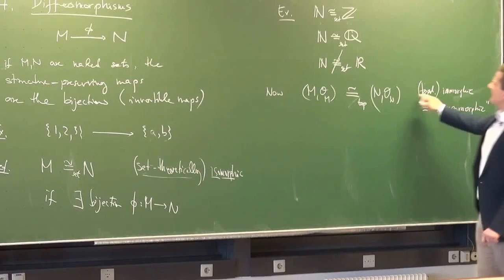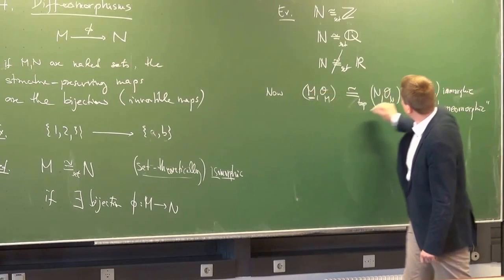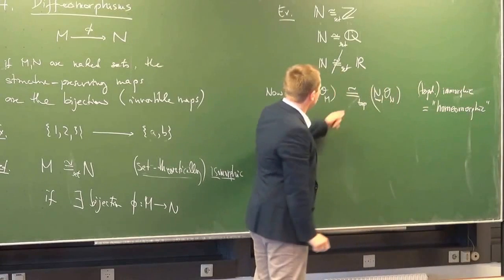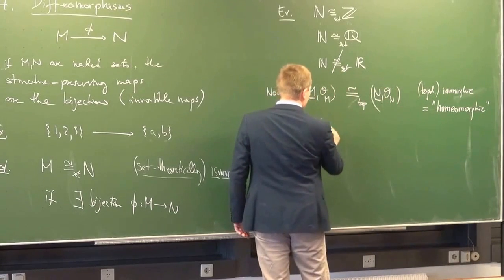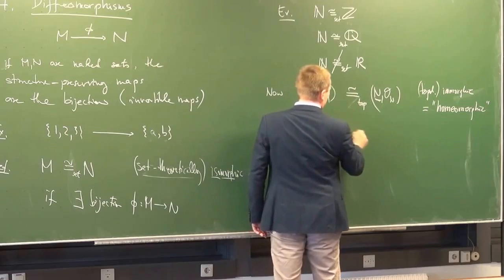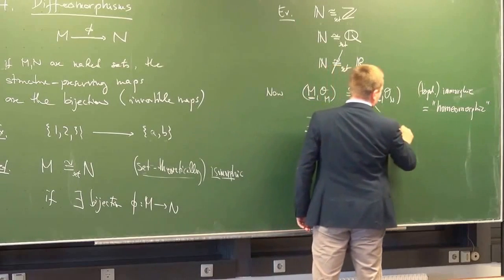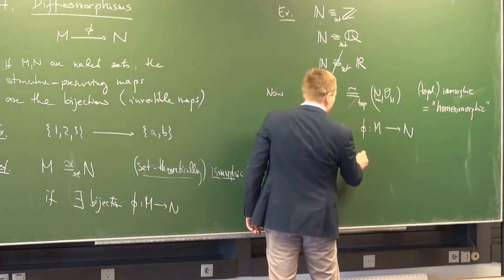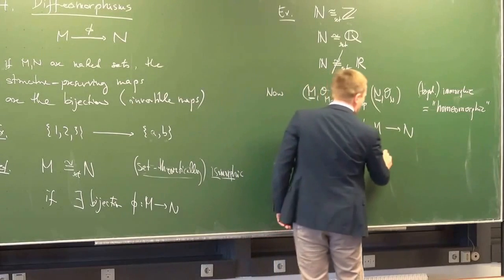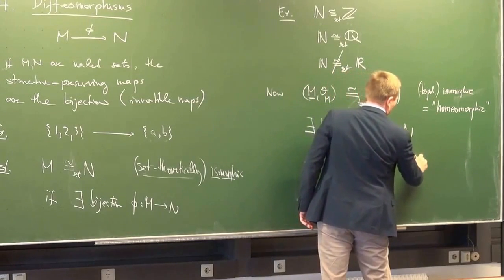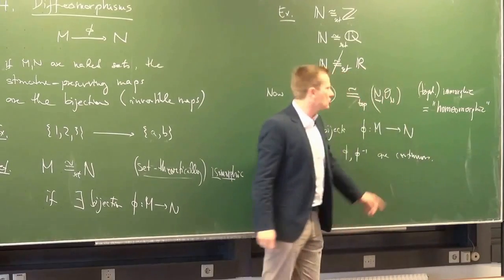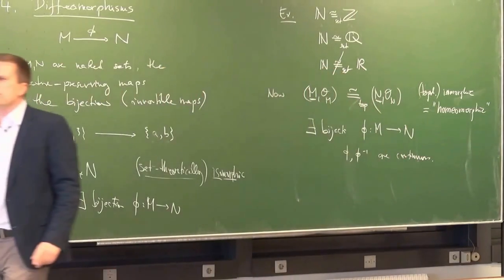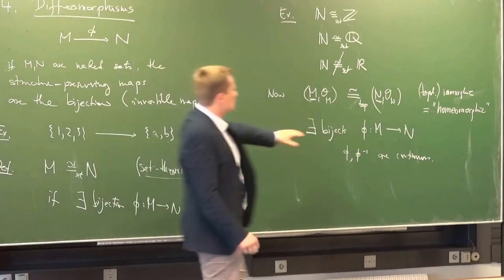It means they are at the set level isomorphic, but additionally there exists not only a bijection phi from M to N, but a bijection such that phi and its inverse are continuous. Why? Well, because continuity is the structure respecting property of these spaces.